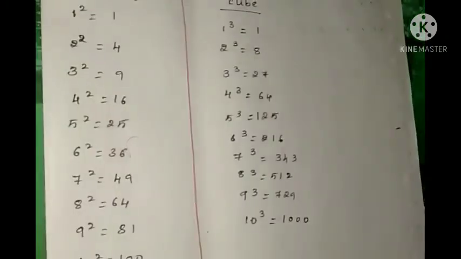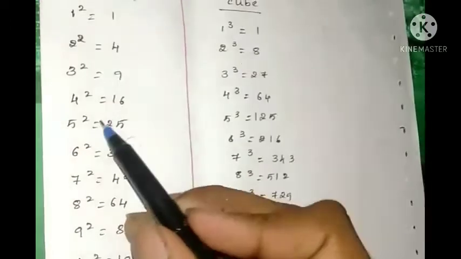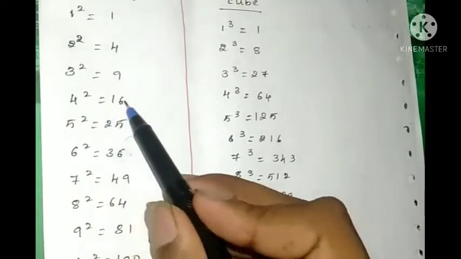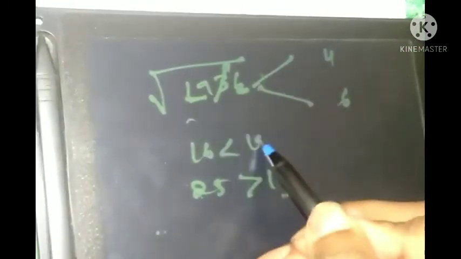That is not possible. We want a number whose square is less than 19. We see 4 squared is 16. 16 is less than 19. Yes, 16 is less than 19.